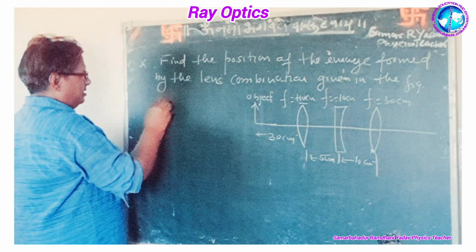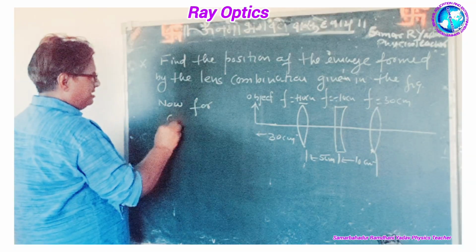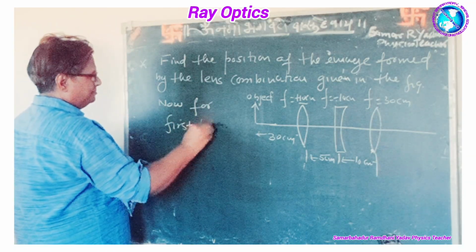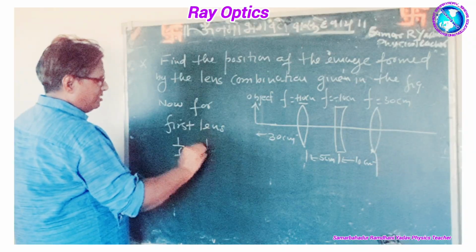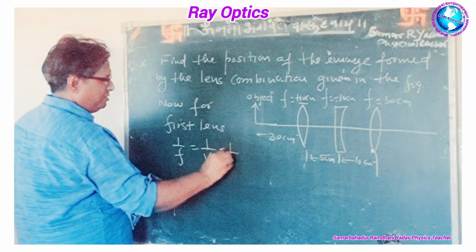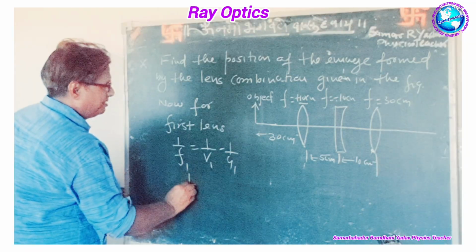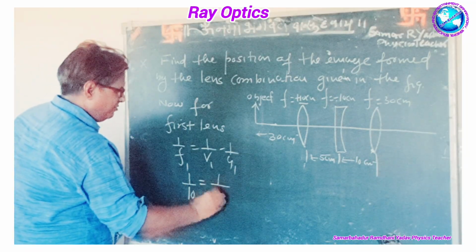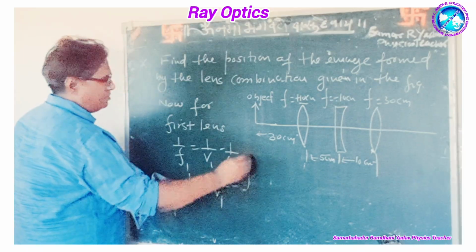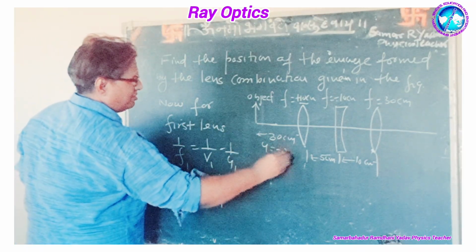Now for the first lens, 1 upon f is equal to 1 upon v1 minus 1 upon u, with f1. Therefore 1 upon 10 is equal to 1 upon v1 minus of, now the object is 30 cm, so we can write here u is equal to minus 30 cm.